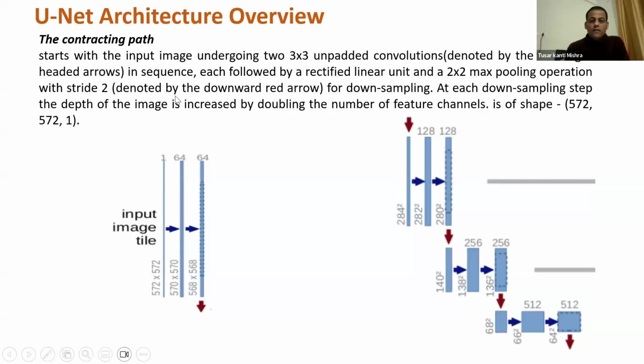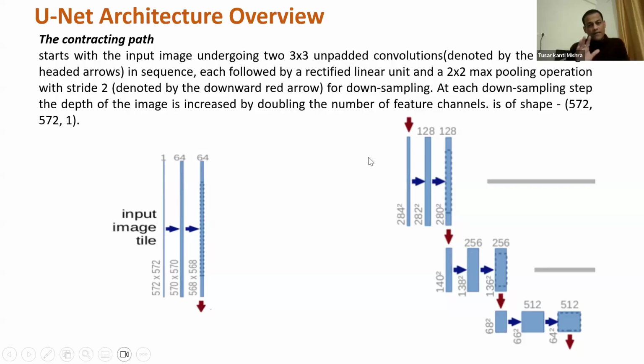It happens in a sequence, and every layer is followed by a rectified linear unit, ReLU. Why is ReLU used? Because ReLU is very widely used for its peculiar characteristic that it gets rid of the negative values, so it can bring a kind of smoothing to the data. Now this is followed by a 2x2 max pooling operation.